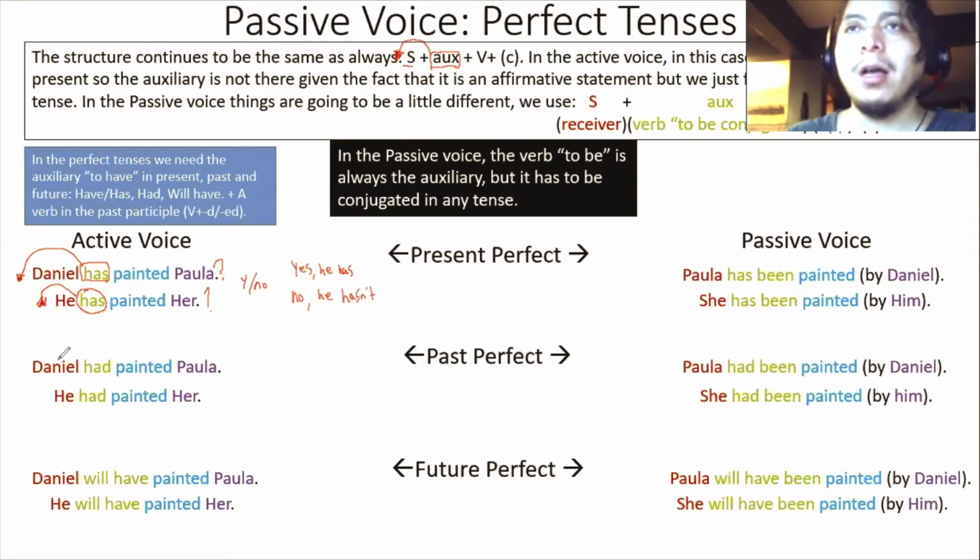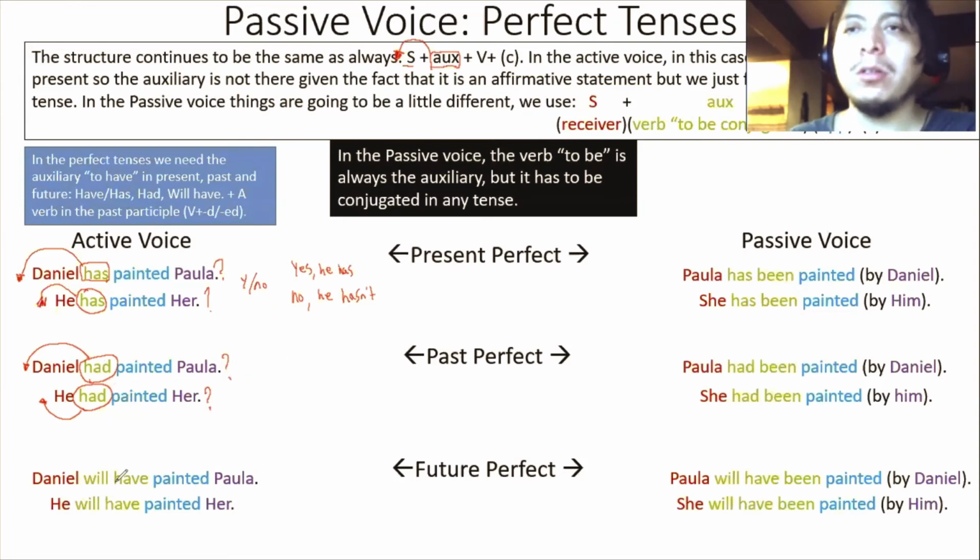That's it. How do you make a question with the past perfect? Again, the auxiliary switches positions with the subject. Okay? So, had Daniel painted Paula? Had he painted her? Yes, he had.